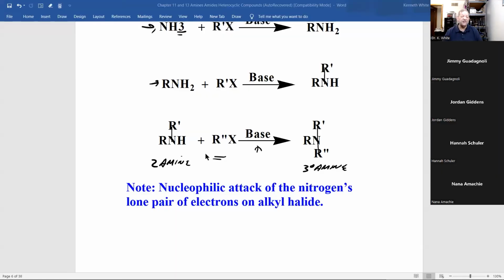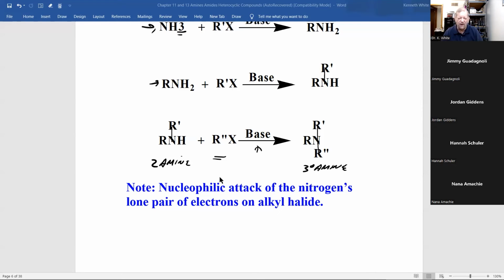And remember that I've got to show this to you so you can see it. Now you can see it. If you have a secondary amine and an alkyl halide in the presence of base, you'll make a tertiary amine. Remember, 3 bonds to nitrogen, which is why there's no hydrogen on that nitrogen.